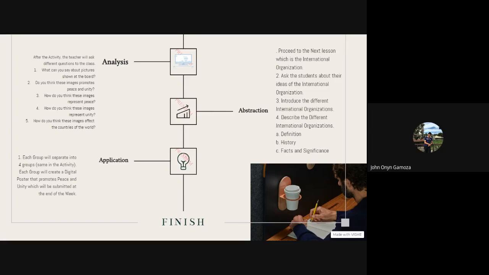Number two, we're going to introduce the different international organizations one by one. We're going to describe them.